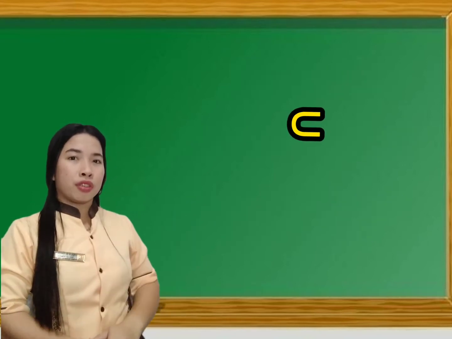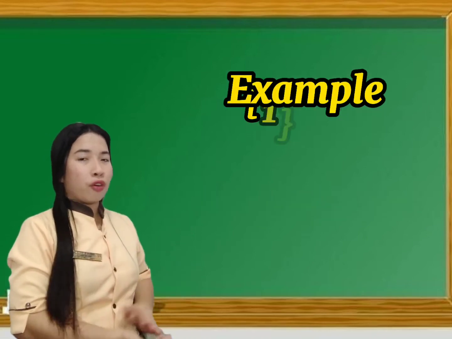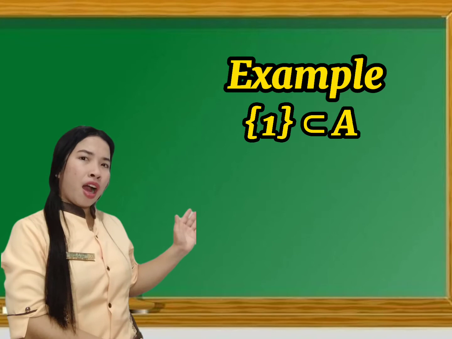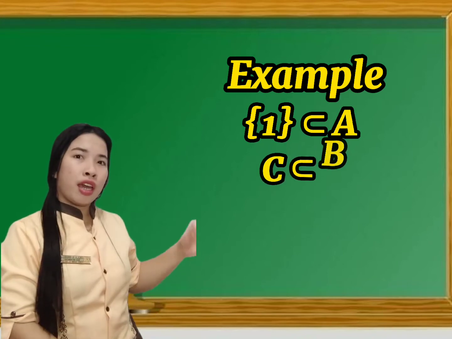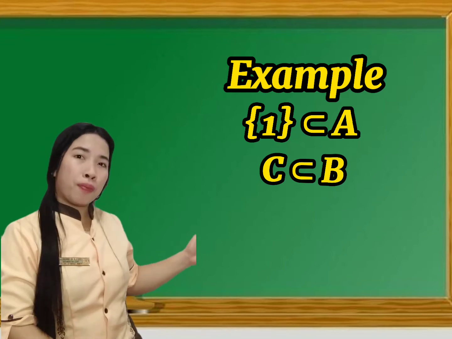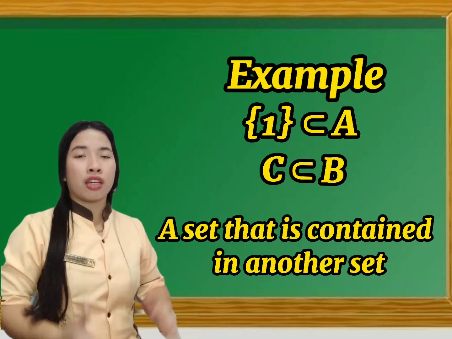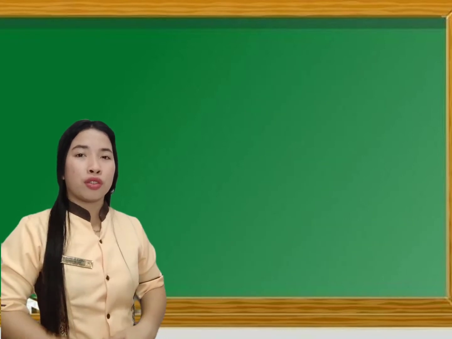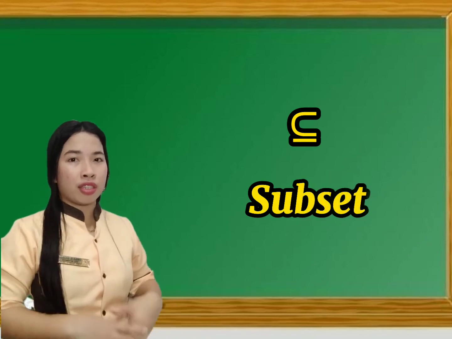This symbol, we call that a proper subset. For example, 1 is a proper subset of A. And another example, C is a proper subset of B. A set that is contained in another set. Next symbol, we call that a subset.